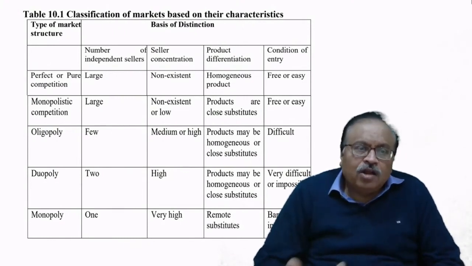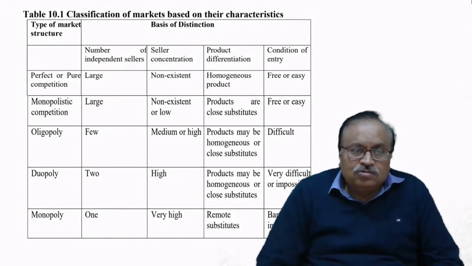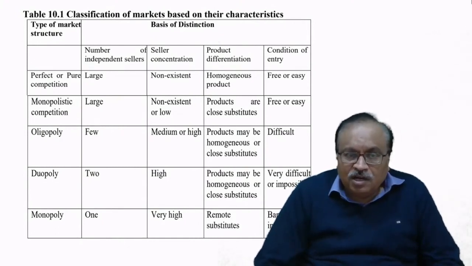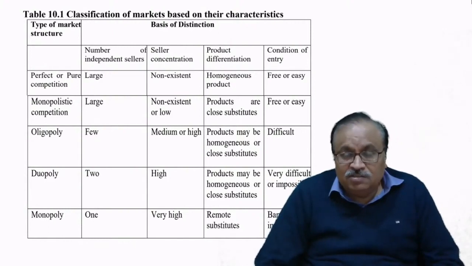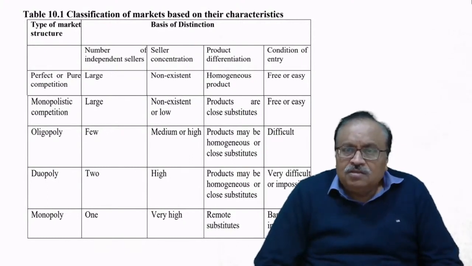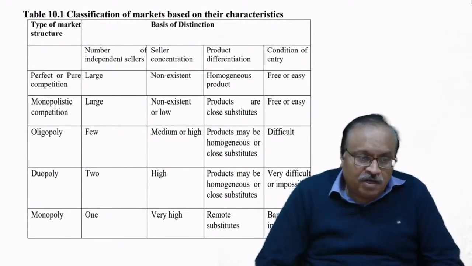Duopoly, where there are only two sellers. So the number of independent sellers is two, seller concentration again is very high, products may be homogeneous or close substitutes, and condition of entry is very difficult.